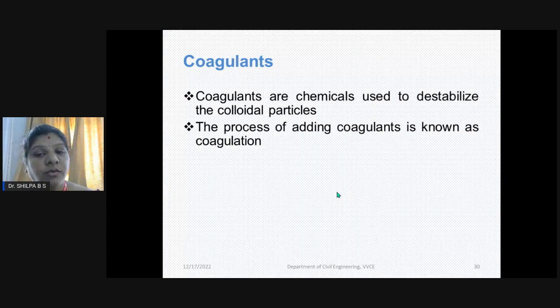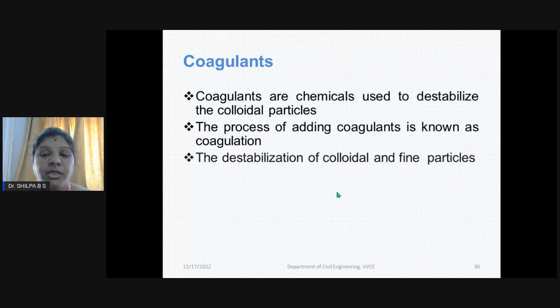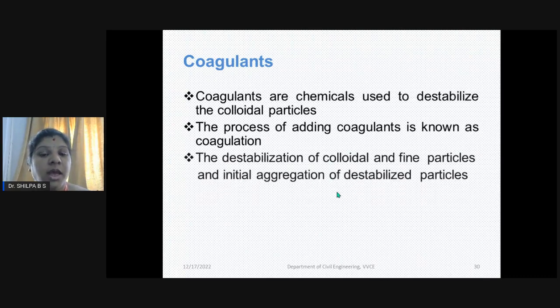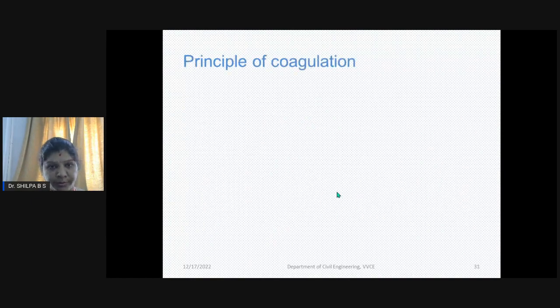The process of adding coagulant we call coagulation, where the destabilization of colloidal and fine particles takes place and the initial aggregation of the destabilized particles happens. The common coagulants that are used are aluminum sulfate, whose common name is alum, then chlorinated copperas, ferrous sulfate, lime, magnesium carbonate, and sodium aluminate.